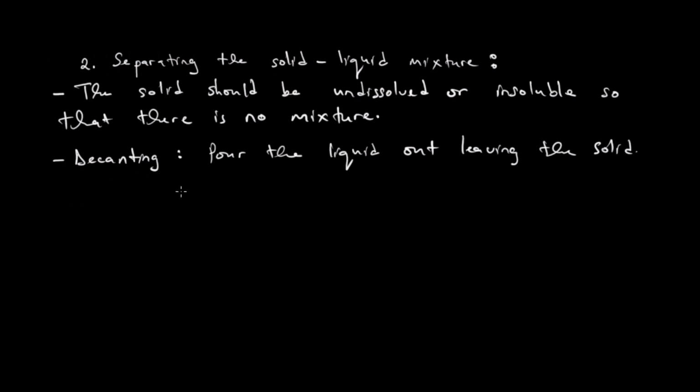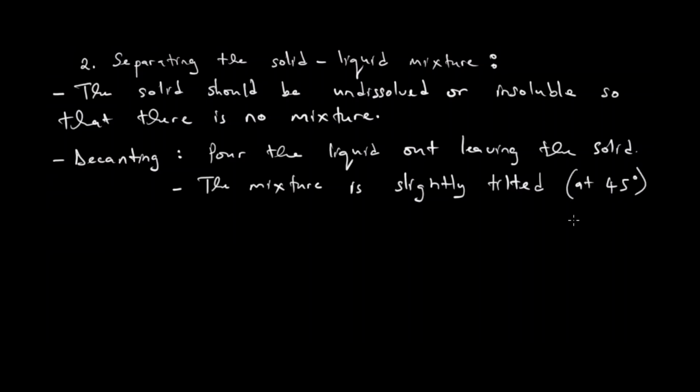But in order for us to be able to pour, the mixture is slightly tilted, and we are going to discuss soon kuti pa slightly tilting the mixture zvinge zviitika at 45 degrees. So it's slightly tilted at 45 degrees, pouring out the liquid. And chakuratidza zvatiri kureva kana chiti 45 degrees and everything.